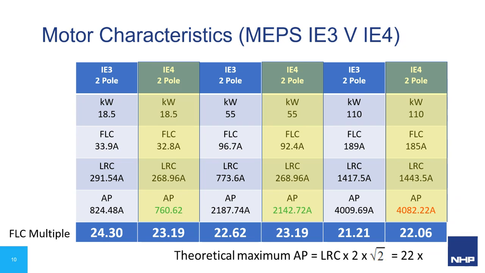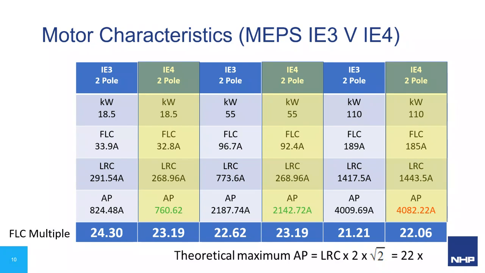The MEPS requirement for any energy efficiency tops out at a 185 kilowatt motor size. However, technologies have, of course, allowed all motor sizes to be developed in a similar way. The AP figure is the theoretical peak current figure, calculated as locked rotor current times 2 times root 2, or 1.414.